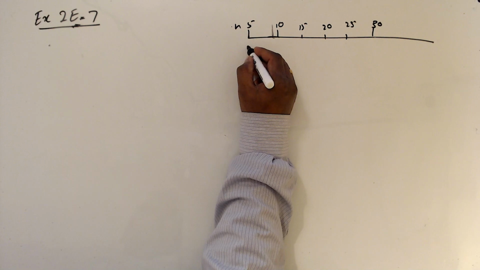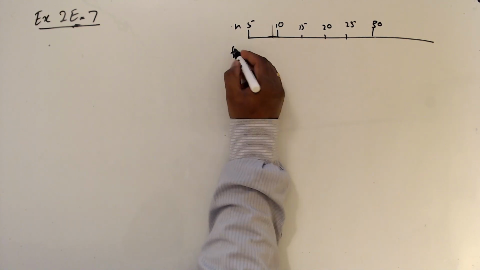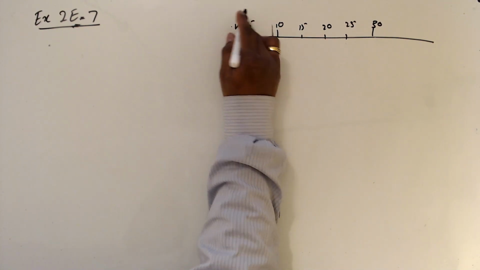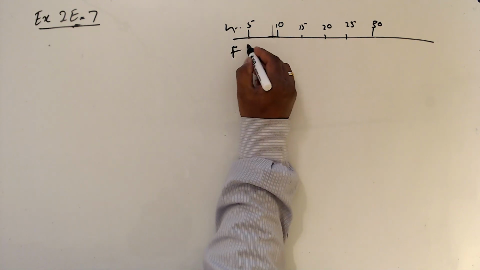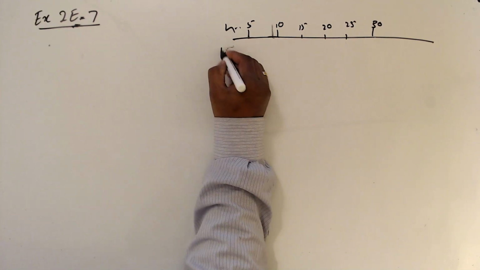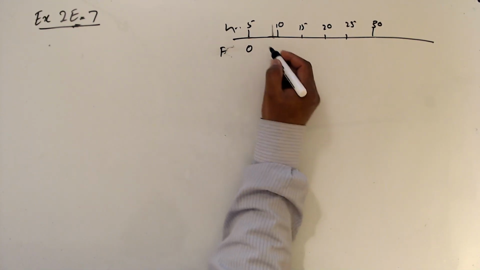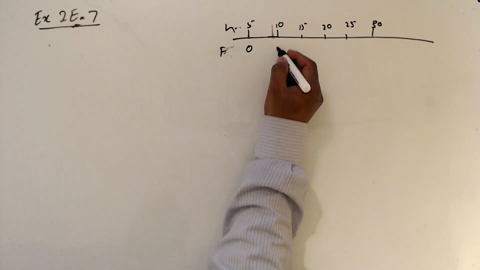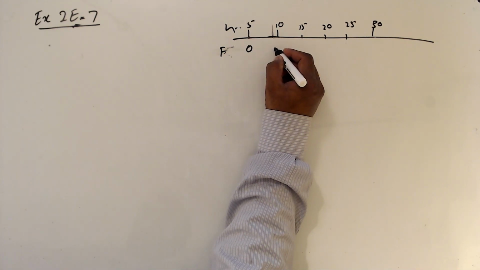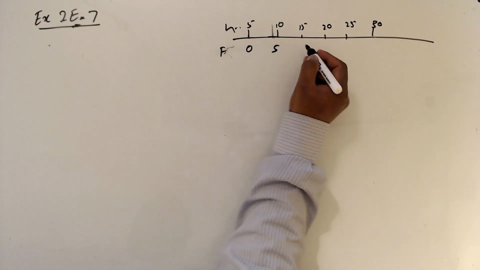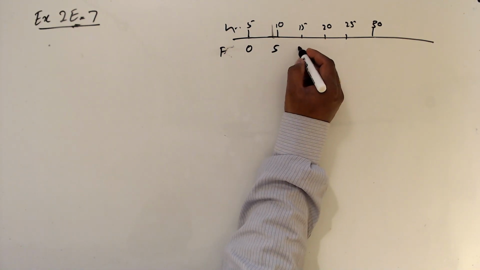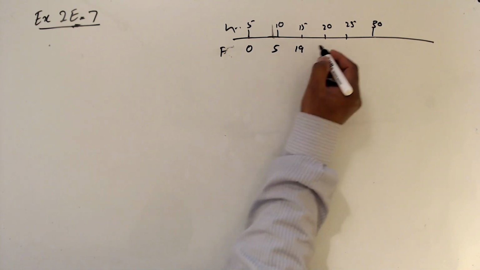So when it is 5, the cumulative frequency is 0, and when it comes here, it is going to be 5, and here, 5 plus 14, 19.